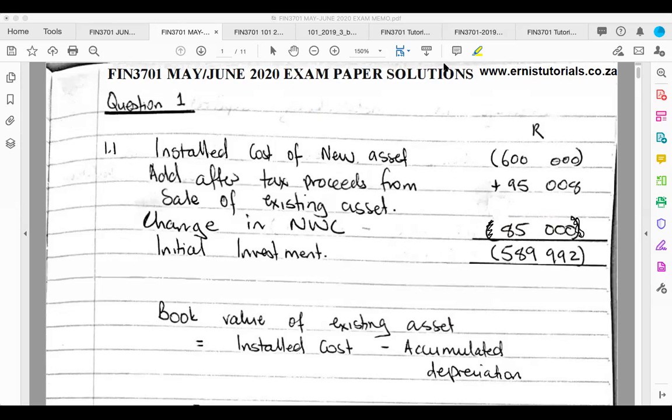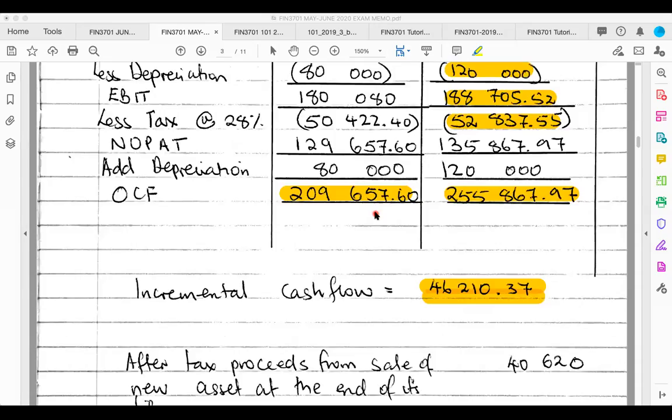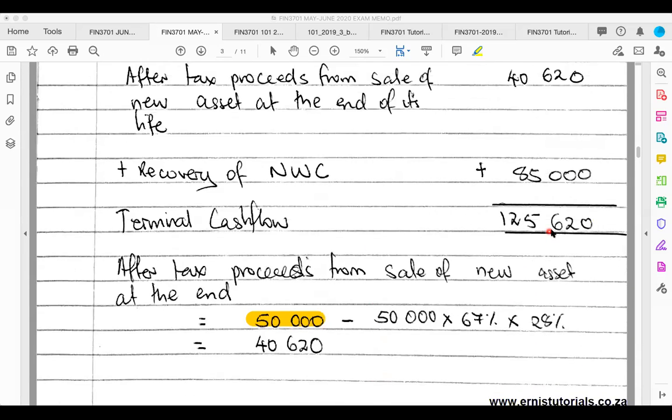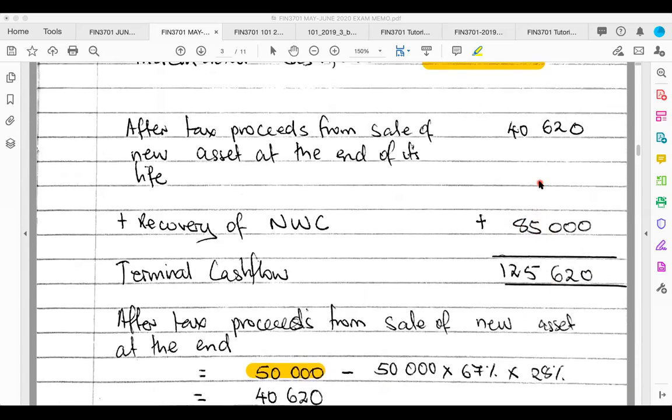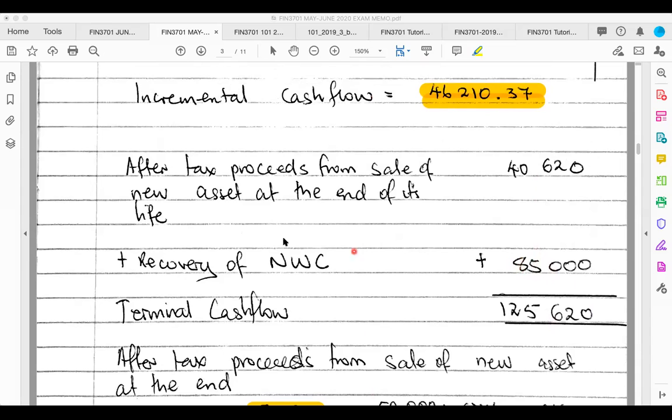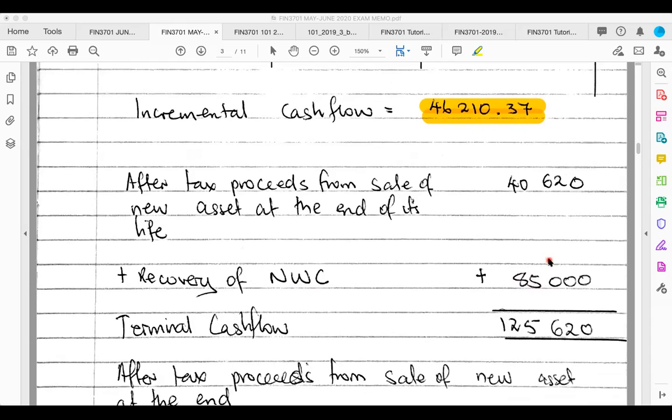And then if cash came in for that first calculation, it would mean that when we now get to the terminal cash flow, we would say cash goes out. This would be a negative. So for the terminal cash flow, with regards to the net working capital, you just make an opposite adjustment from the adjustment that you made for the initial investment.